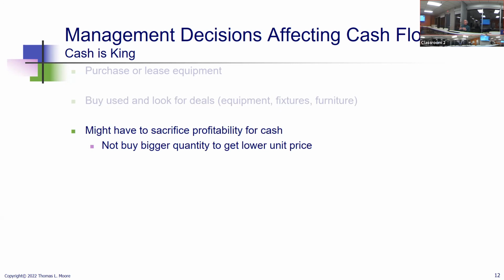One of the interesting things about inventory, like buying parts that you're going to put into your product and sell, is that oftentimes you have to sacrifice profitability for cash. So you might be thinking, what does that mean? Think about it in terms of what vendors will do, your providers of parts, for example. They'll provide you a discount if you buy more.